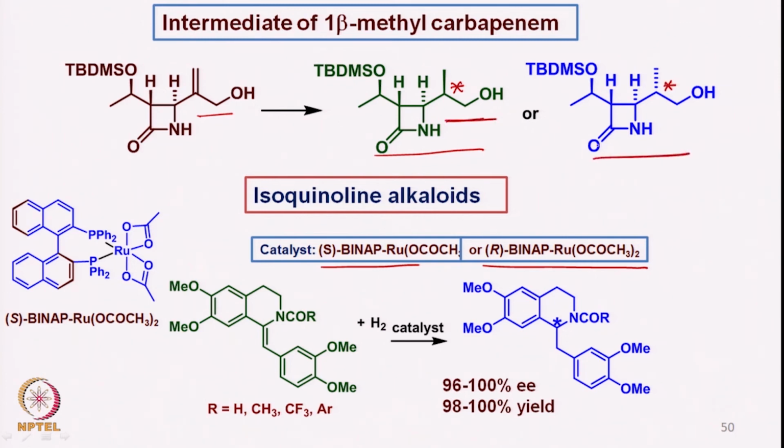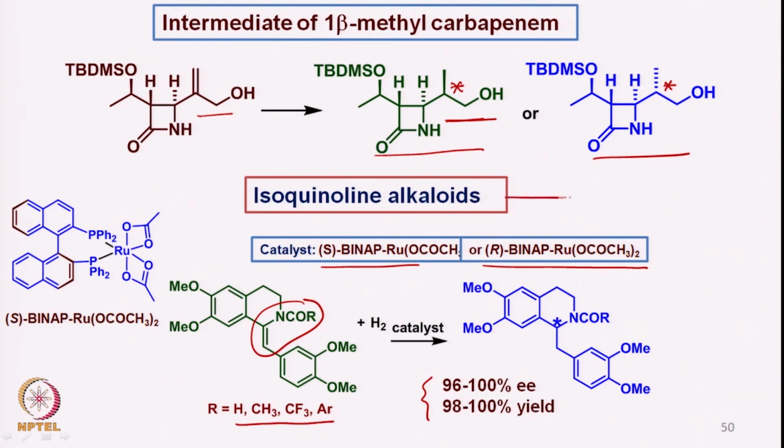So, any one of them can be made depending on whether one uses S-binap or R-binap, and likewise this type of double bond also can be hydrogenated, and the yields and the enantiomeric purity are as high as 96 to 100% and 98 to 100% with different types of substituents that have been found.